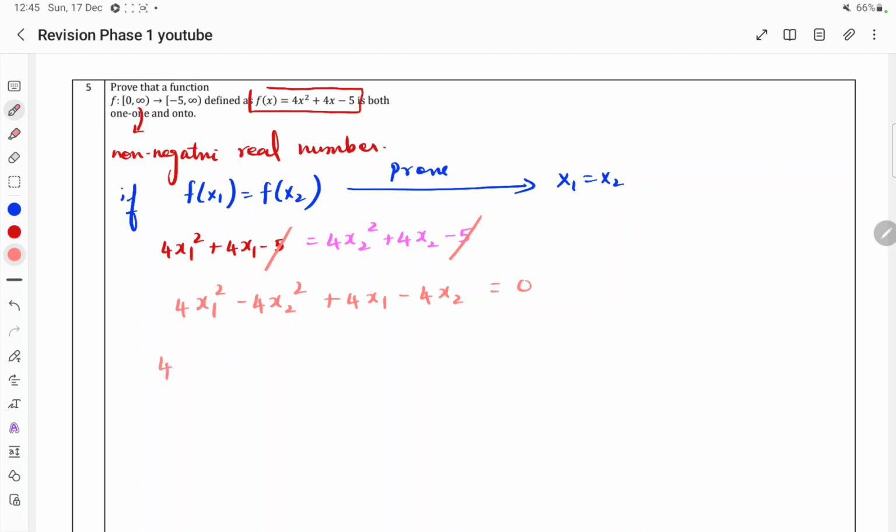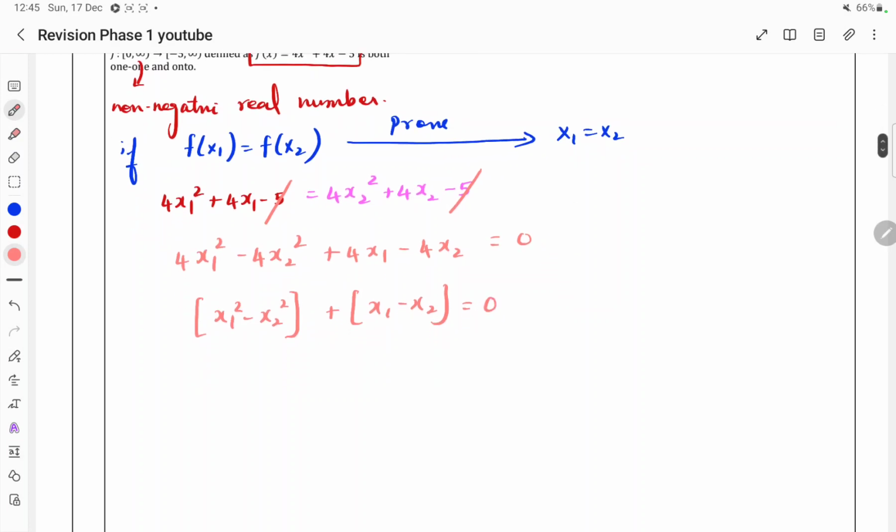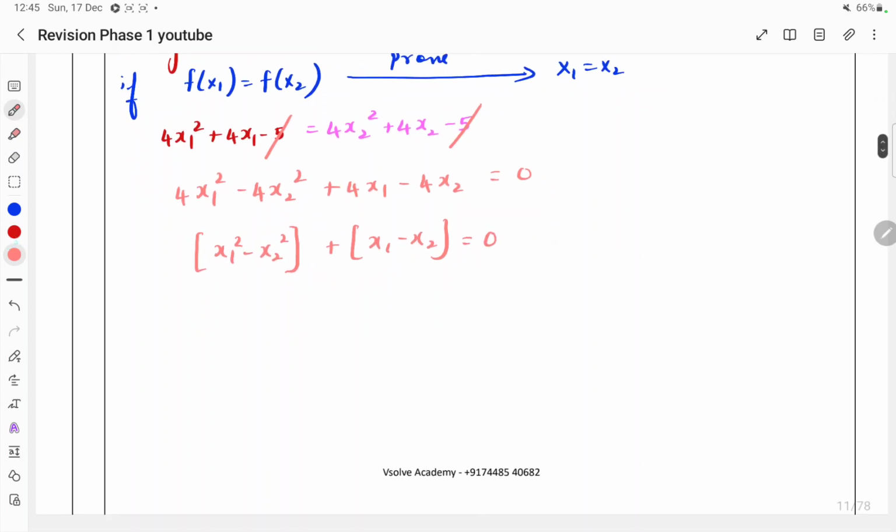So 4 I am taking common, then x1 square minus x2 square, this is one term I am taking, plus x1 minus x2, like this I am taking, it is equal to 0. So 0 by 4 is 0. So a square minus b square form, which means x1 plus x2 into x1 minus x2 plus x1 minus x2 equal to 0.